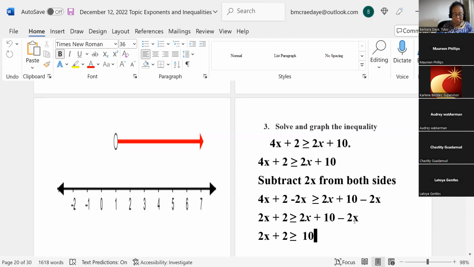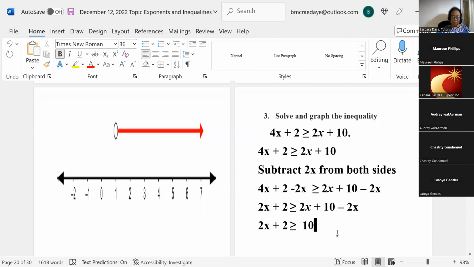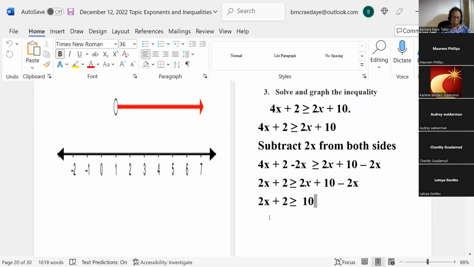Now, Maureen, how do I get the 2 combined with my 10? What do I have to do? Subtract. Yes, that's right. Subtract what? 2. That's right, Maureen. Subtract 2 from both sides.